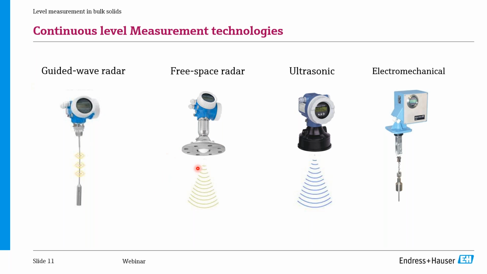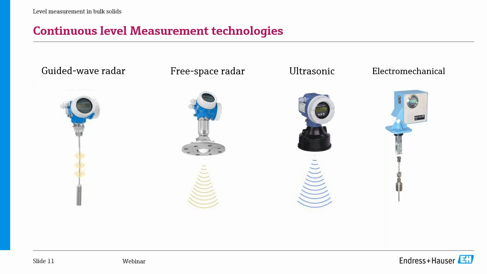So they all send a small signal, and they wait for the signal to hit the product surface and come back, and it records the time it takes. It then calculates the level based on the velocity and the time it takes for the signal to go from the sensor to the product surface.